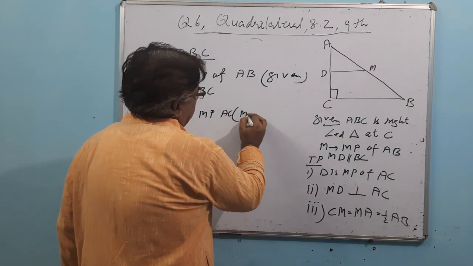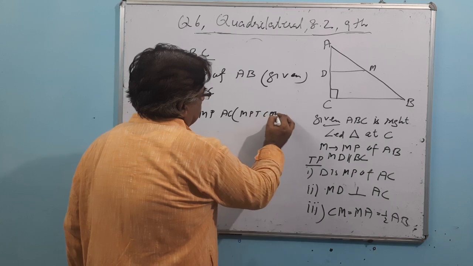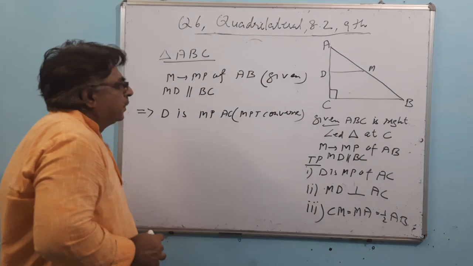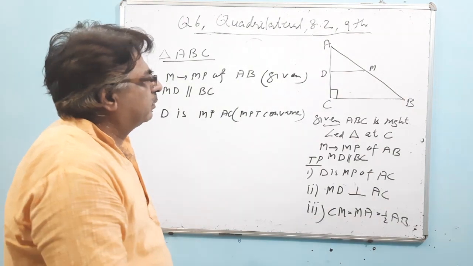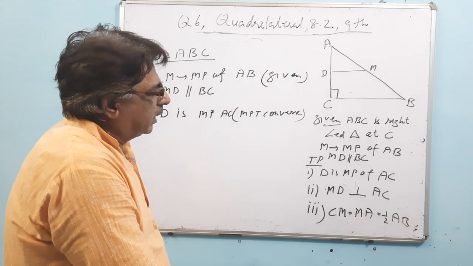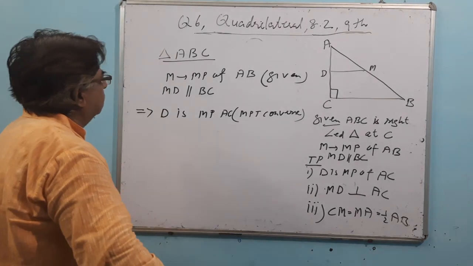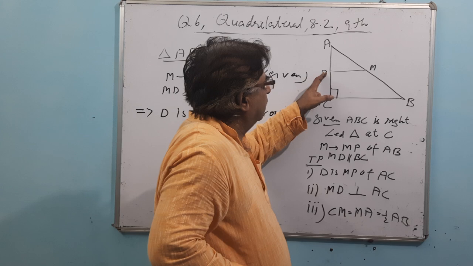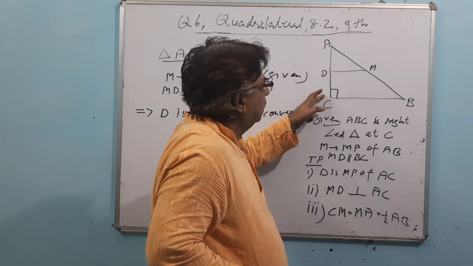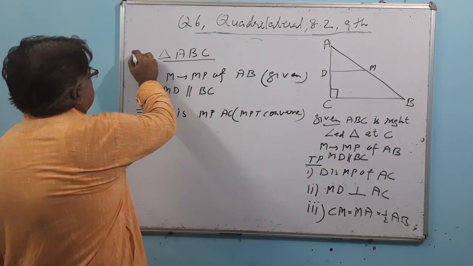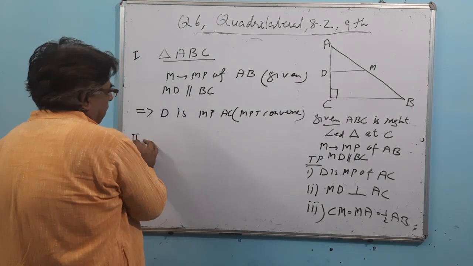By MPT converse, D is the midpoint of AC. Now the second part. Second part is we have to prove that MD is perpendicular to AC. This was the first part, now the second part.